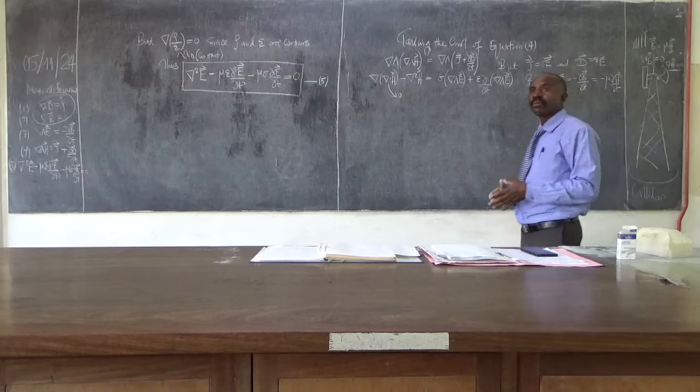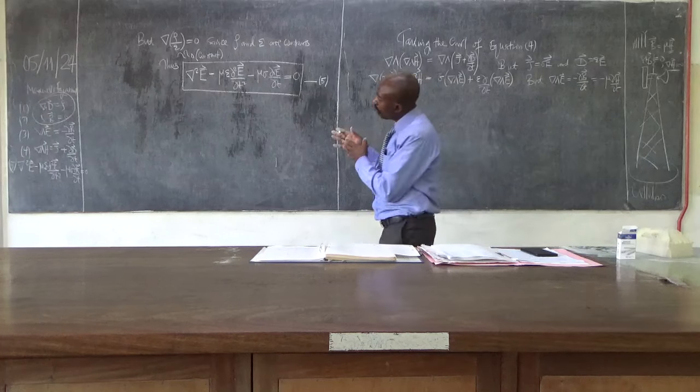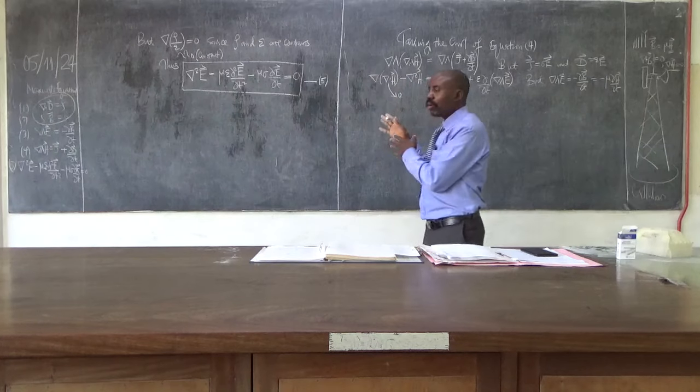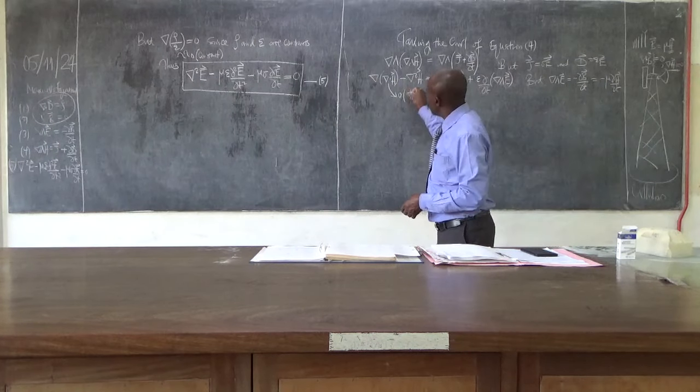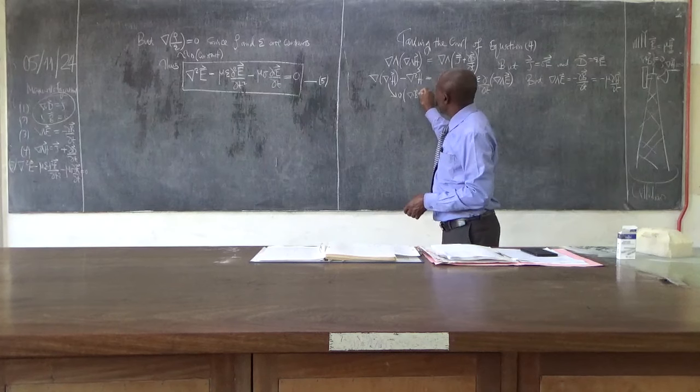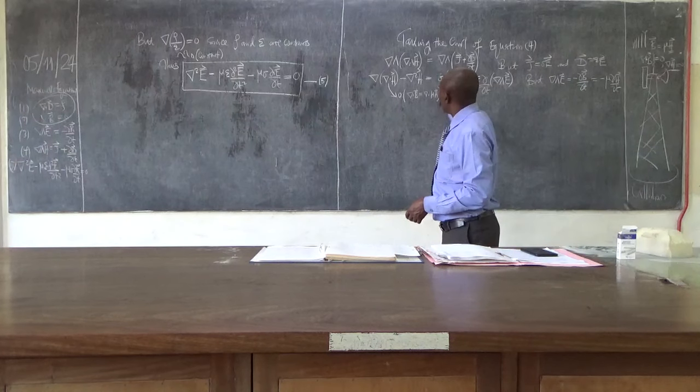So that is how it goes to 0. But this one goes to 0 because the divergence of B, which is the divergence of mu H, equals 0.